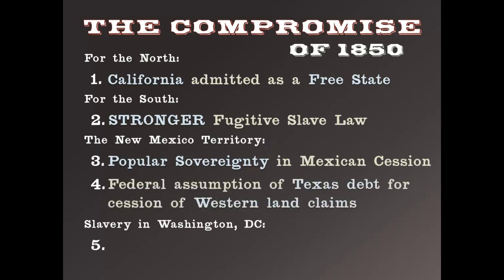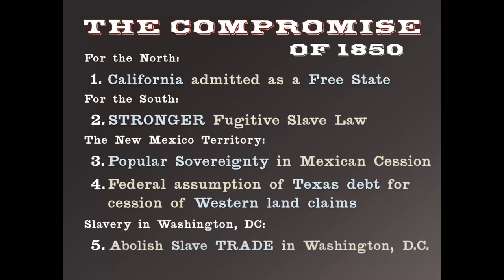The other thing would be federal assumption of Texas debt. There would be some land ceded by Texas in exchange for the federal government basically paying Texas's debt. And so there's additional Western land. And the last thing is abolishing the slave trade, not slavery, but slave trade in Washington, D.C., something that Northerners really want.